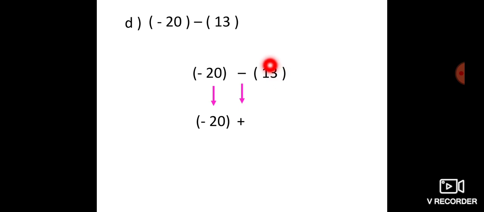Next, 13 is positive, so we use its opposite, that is the additive inverse, minus 13. Now this is addition of negative numbers. All the negative numbers, we just add the numbers and put the negative sign. 20 plus 13 is 33. Sign is negative.